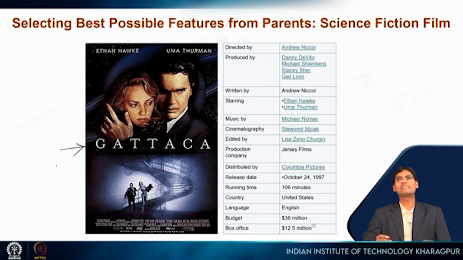The name of the movie itself is GATTACA. This is a science fiction movie, mostly about selecting the best possible features from parents. It is a very enjoyable movie, particularly if you have a little knowledge about genes and genetic engineering, which you already have.